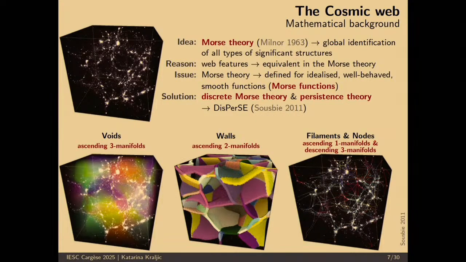That's where the recent development in computational topology and geometry comes into play, thanks to the development of discrete Morse theory plus persistent homology, that taken together led to the development of an algorithm called DisPerSE, which stands for Discrete Persistent Structure Extractor, based on this very nice mathematical background that allows us to coherently, without any free parameters, identify all the four components of the cosmic web.